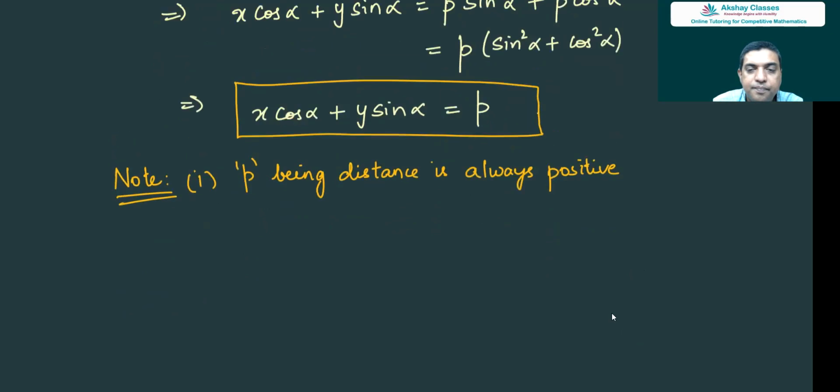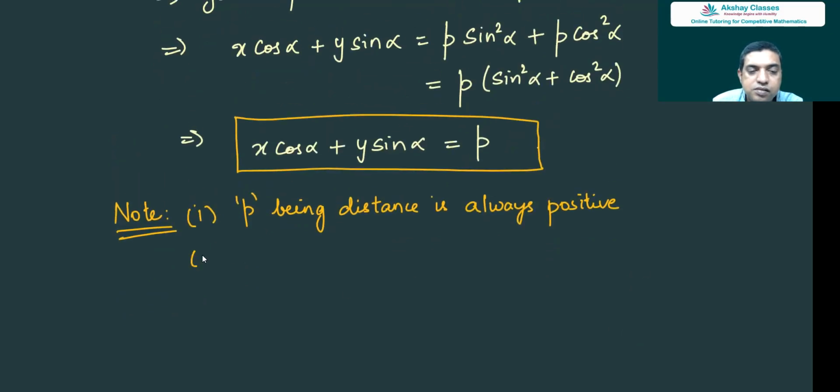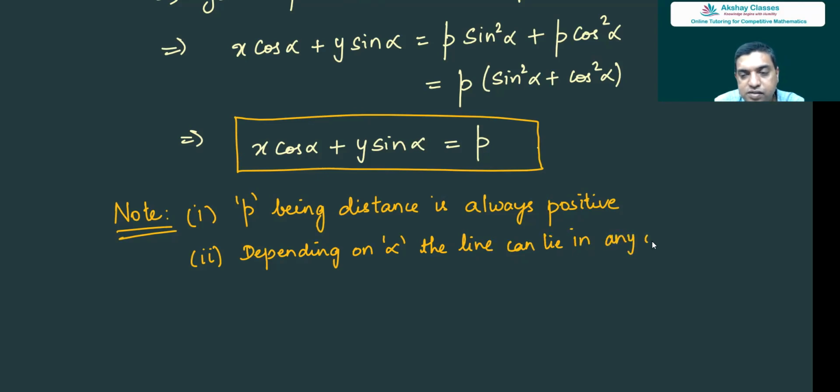All right. Depending on alpha, the line can lie in any of the quadrants, as follows.